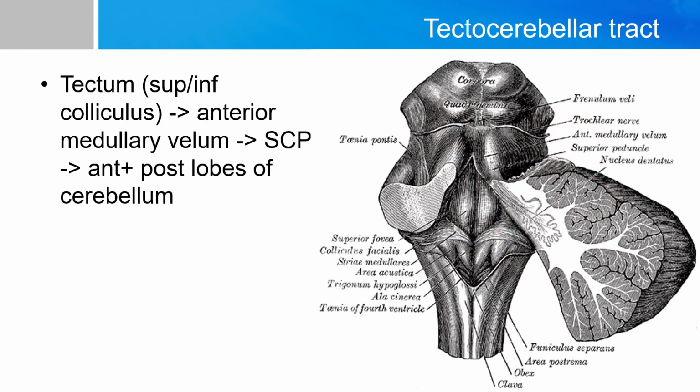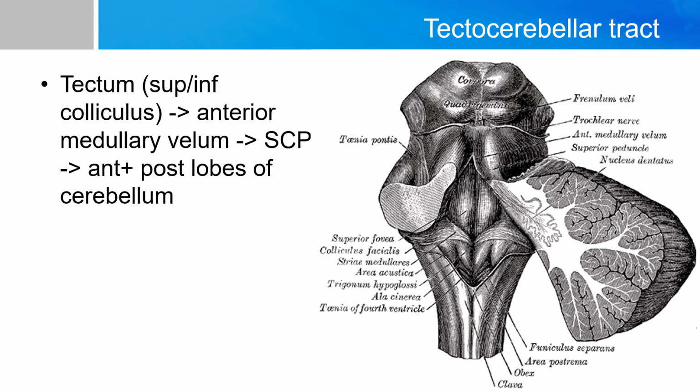The tectocerebellar tract travels between the tectum and the cerebellum. The primary source of the tectocerebellar tract is the superior and inferior colliculus. The superior colliculus carries visual information, and the inferior colliculus carries auditory information.